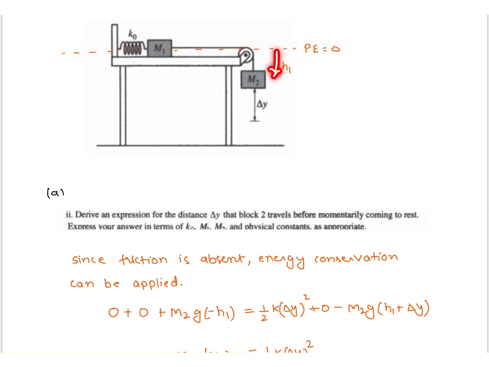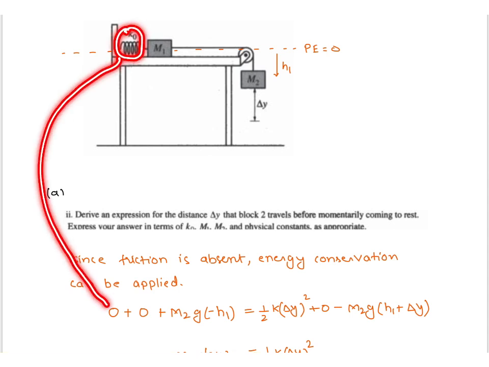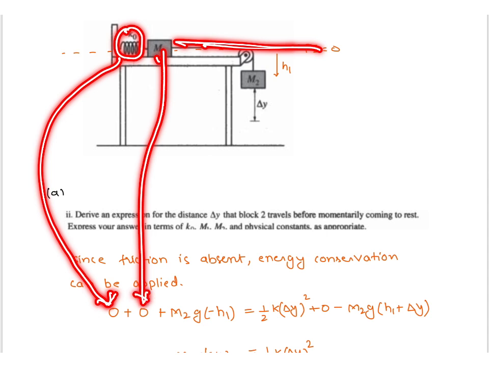And let this distance be equal to h1. So initially, this spring is unstretched. If this spring is unstretched, its potential energy is zero. This block is on the zero reference line, so its potential energy is also zero.